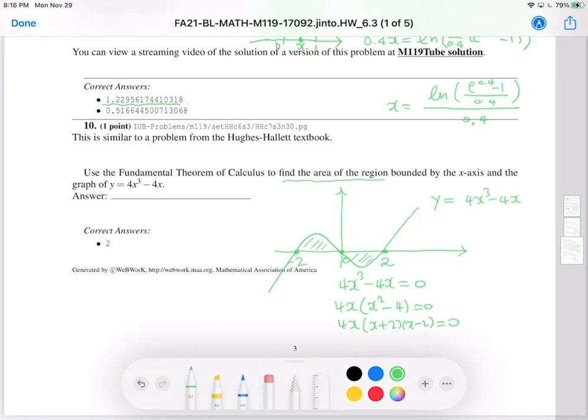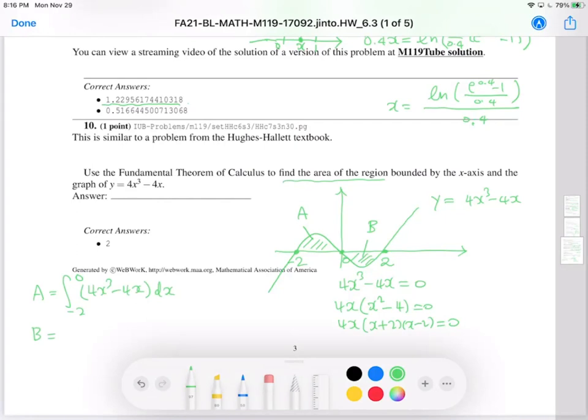Okay, so if the graph is below the x-axis, we need to be careful. Let's find the area. Let's say this is A, this is B. Then the area of A is given by the definite integral from negative 2 to 0 of 4x cubed minus 4x.